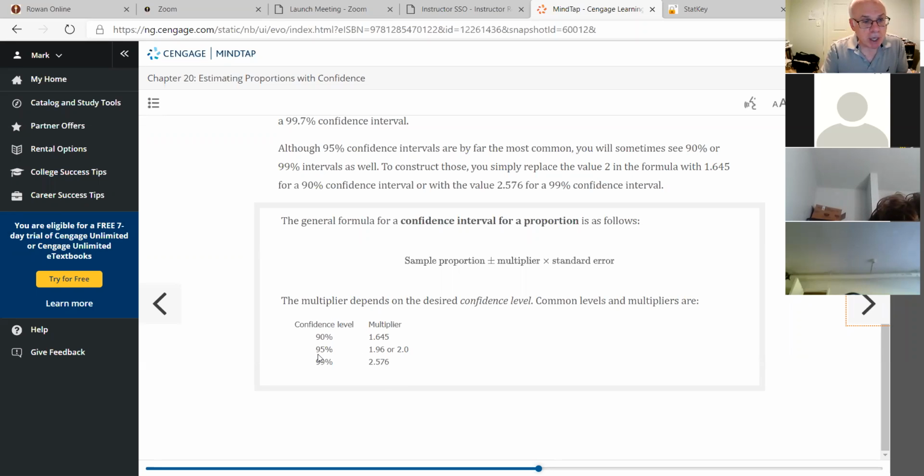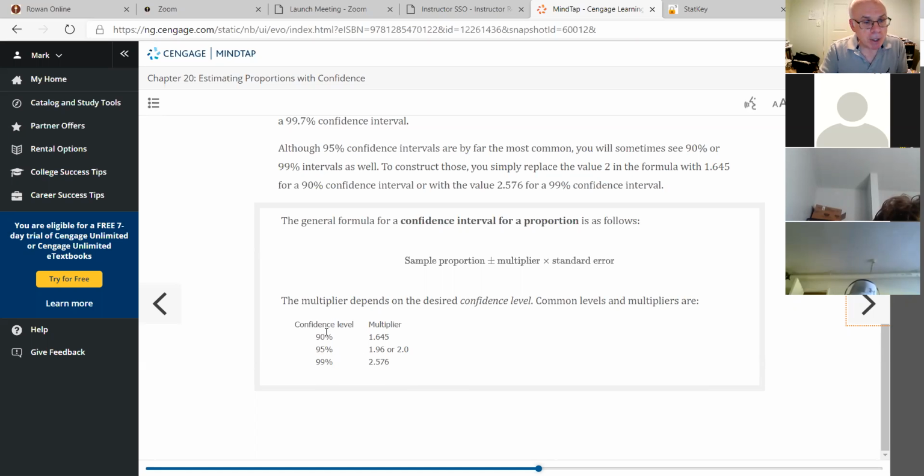If I was 95% confident, then I'm confident that 95% of the intervals contain the true population mean or the true population proportion, and 5% don't. And if I'm 99% confident, that means I'm estimating that 99% of all those samples have confidence intervals that contain the true population mean and true population proportion, and 1% don't.